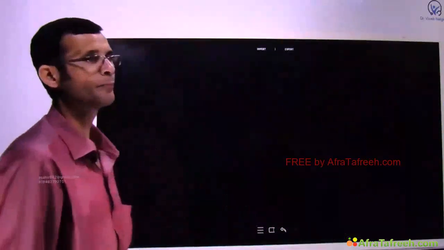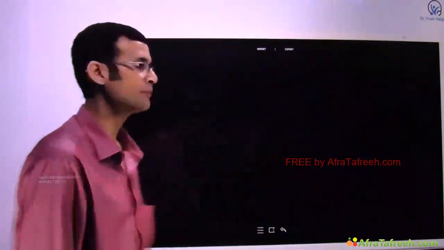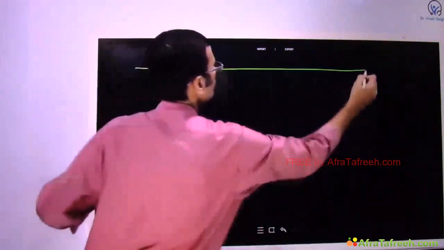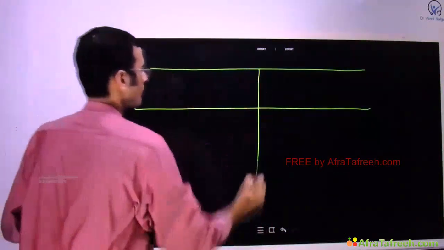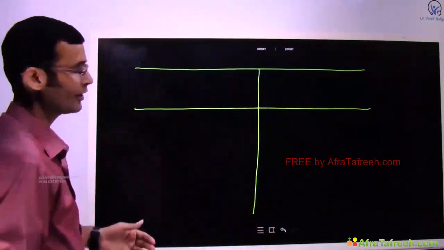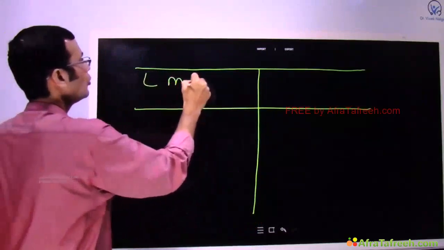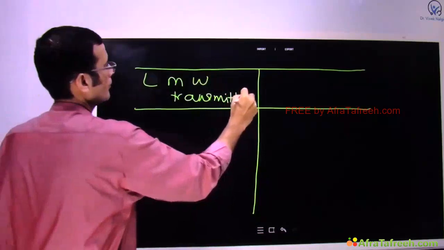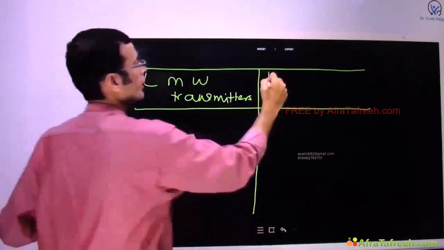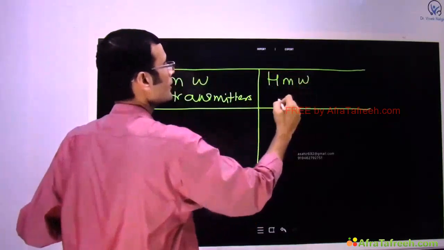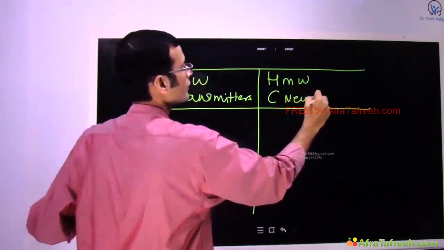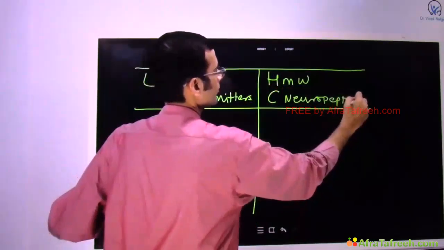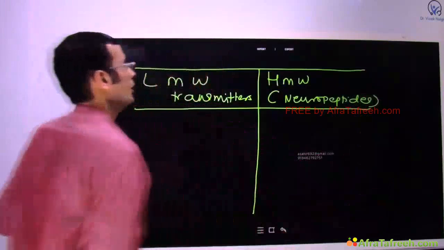Apart from this, there is one more way of looking at the neurotransmitters. They can be categorized as low molecular weight transmitters versus high molecular weight transmitters, which are also called neuropeptides.